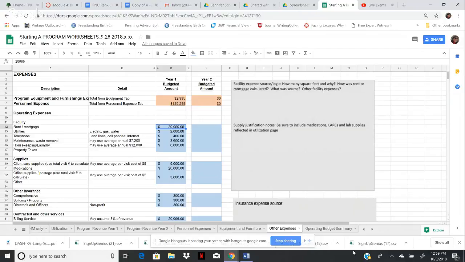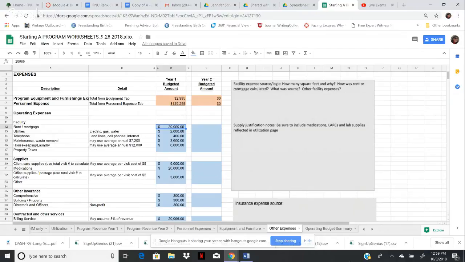It may be that this program only occupies a certain square footage of the entire facility, and it only occupies that certain square footage for a certain percentage of the time that the facility operates. So think about those things and come up with a calculation. Share that with us as to how you arrived at that expense amount.